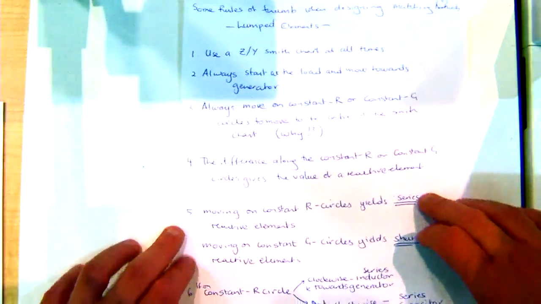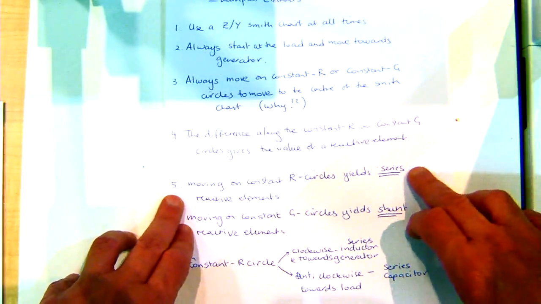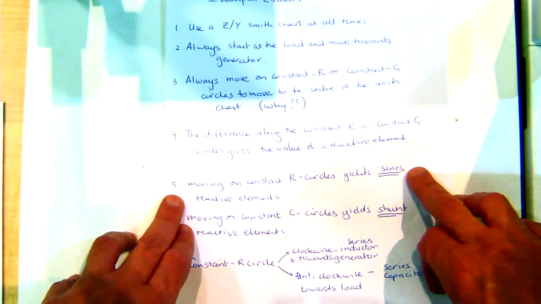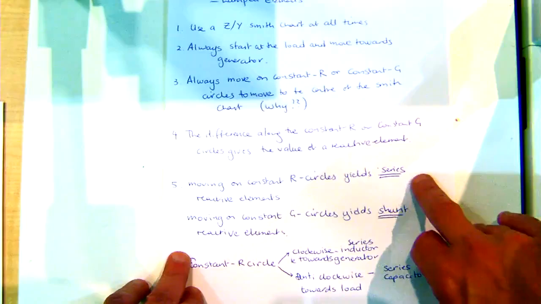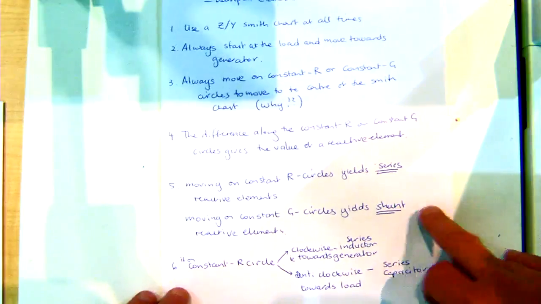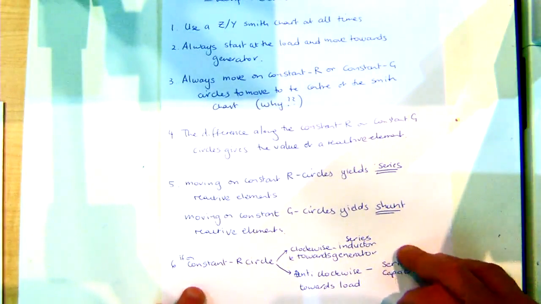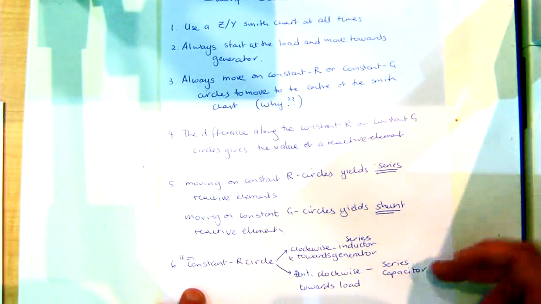And then I just said to you how to recognize if you're moving in a particular direction on an R circle or a G circle, whether you're on a shunt or a series element, and essentially to be able to identify if you're adding, for example, inductance or capacitance.